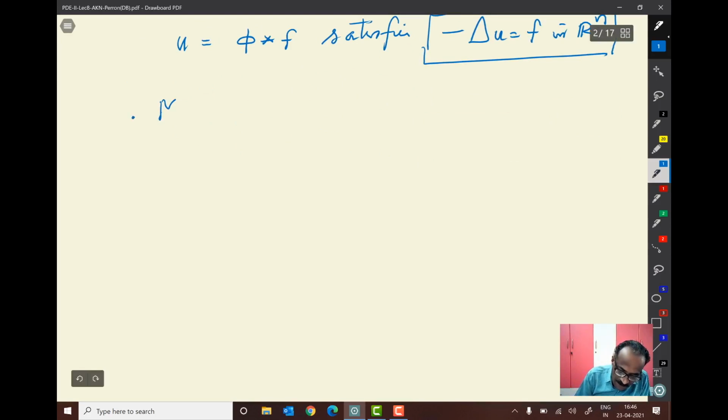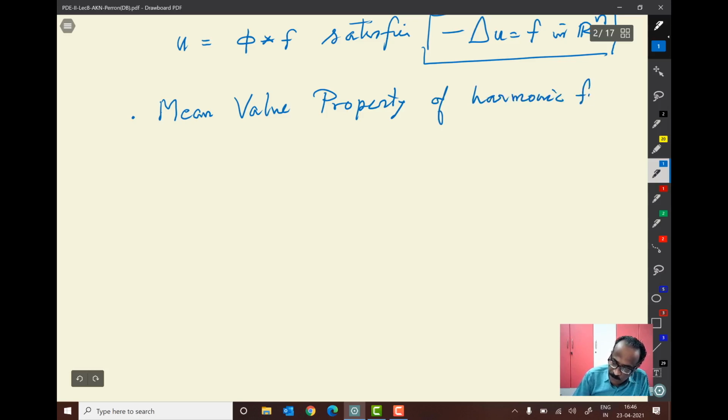One of the important things we have studied is what is called the mean value property of harmonic functions. What is that? Laplacian of u equal to 0 implies u satisfies the mean value property.